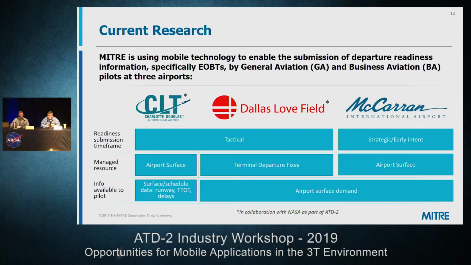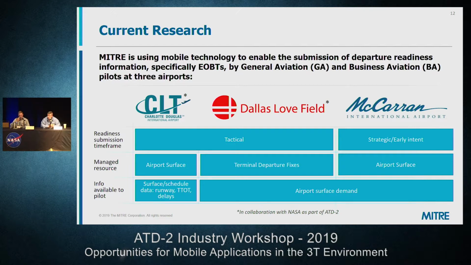And then in terms of that two-way, being able to send information back to the pilot via the mobile device, that kind of varies based on application. So in Charlotte, because there's a surface metering capability there, that's producing a lot of new information via the TTP feed.